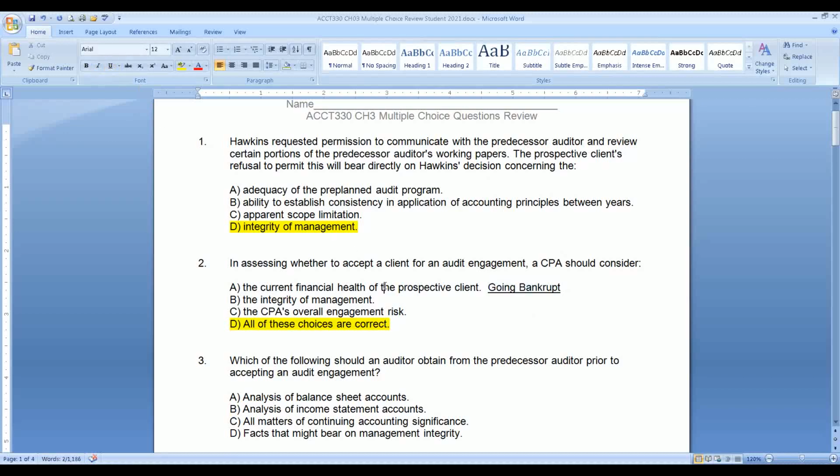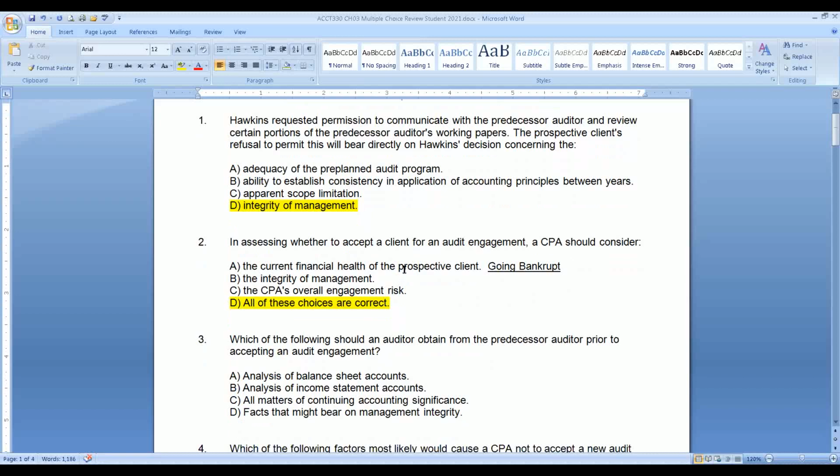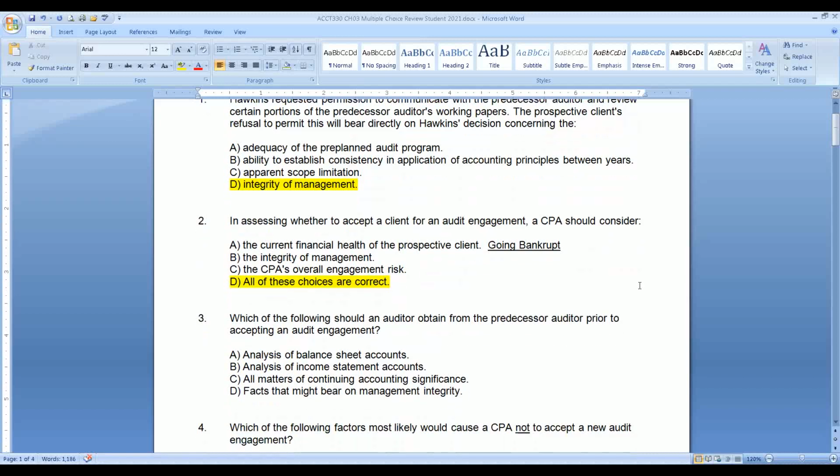If they're going bankrupt, their financial statements could still be done correctly, right? They'll look bad, but they can be done correctly. So why would you worry about the financial health of the prospective client? Why do you think you'd worry about that?